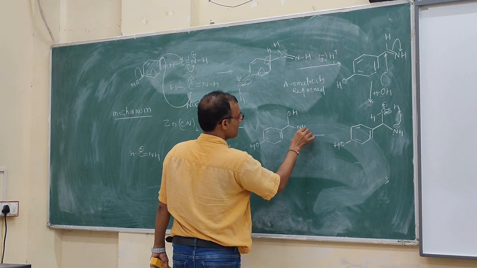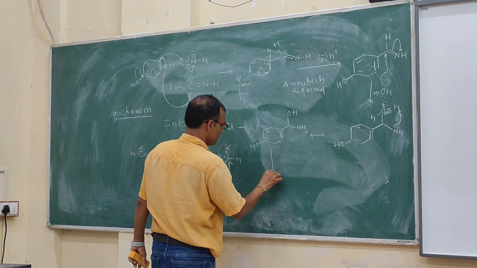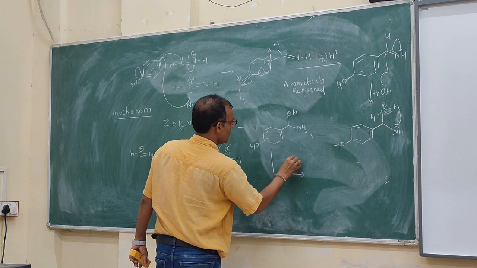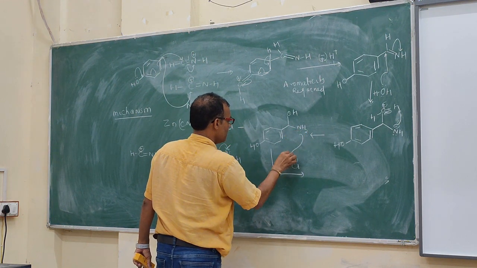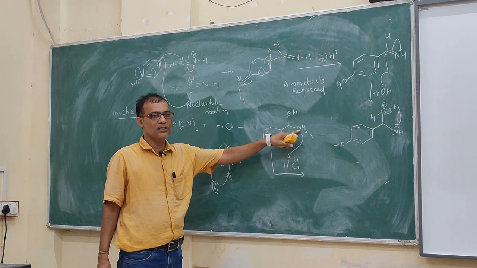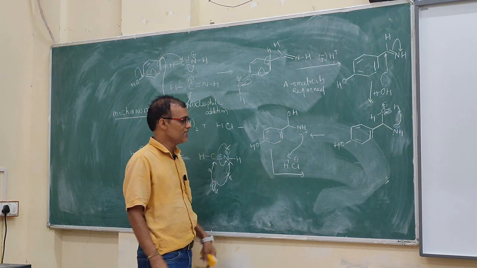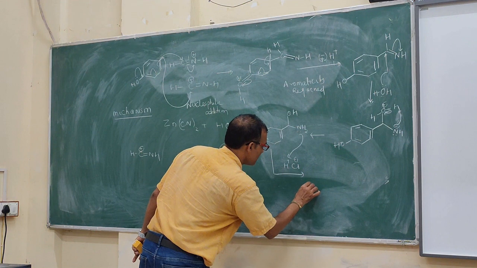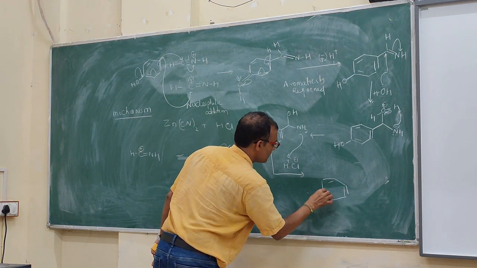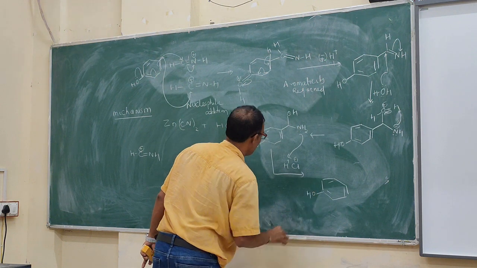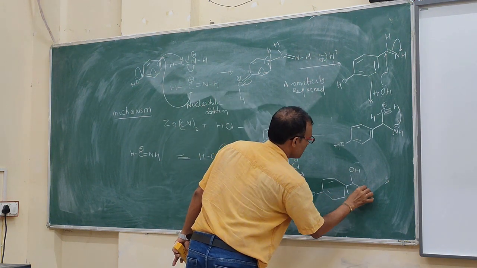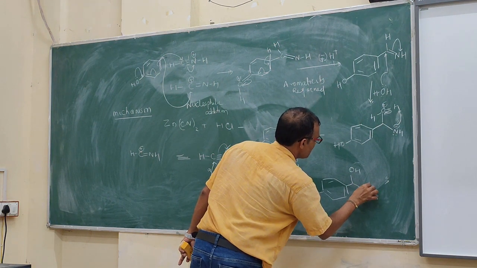Am I correct? Yes. So now you have a proton from HCl. This lone pair will take this proton, because between oxygen and NH2, NH2 will get the proton easily. So you will have this OH, this OH, so NH3 plus.